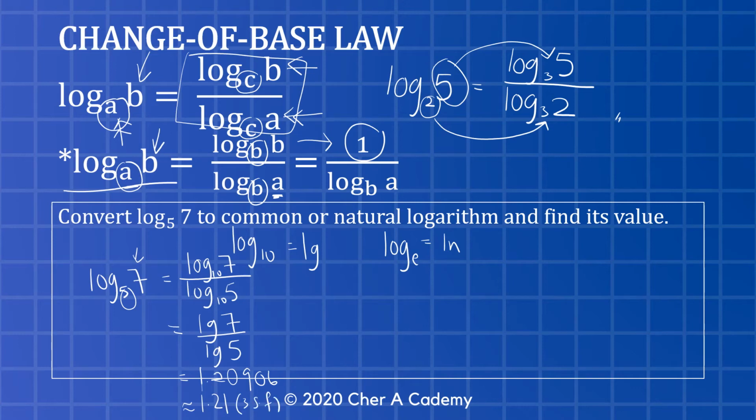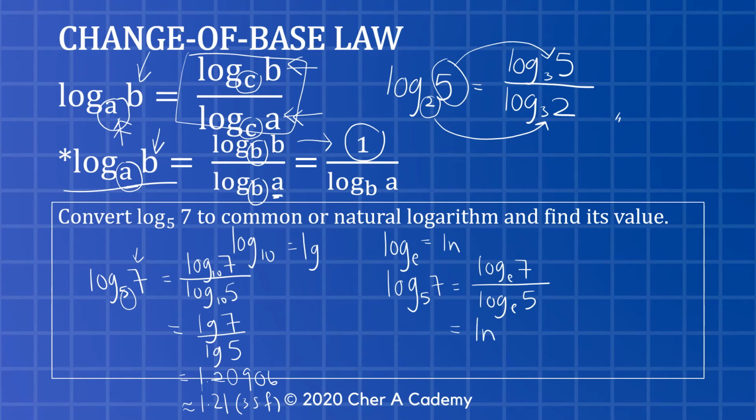Now let's look at the natural log and see if we get the same answer. Natural log means my base is e. So same question, log base 5 of 7 is equal to log base e of 7 over log base e of 5.